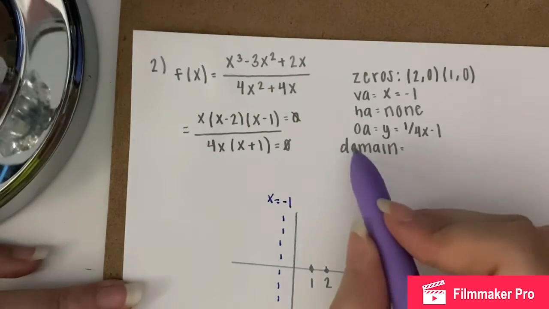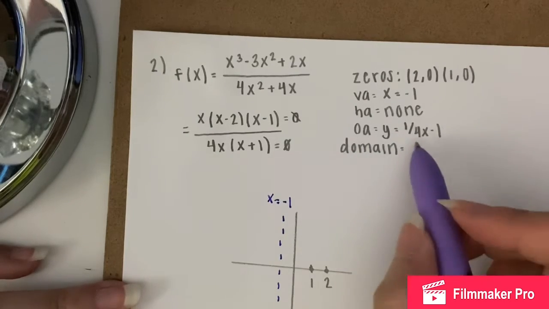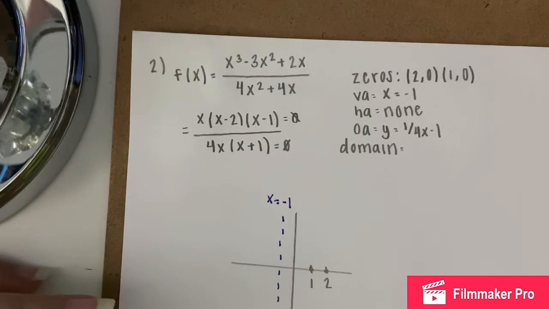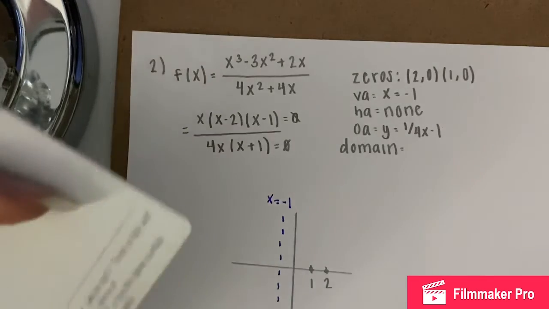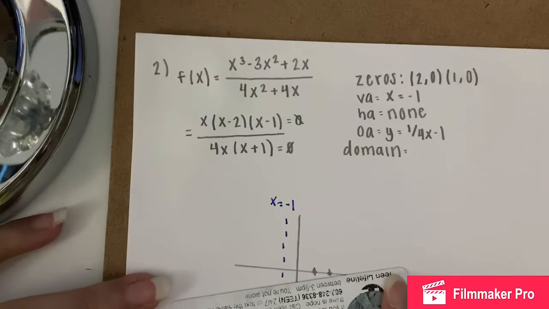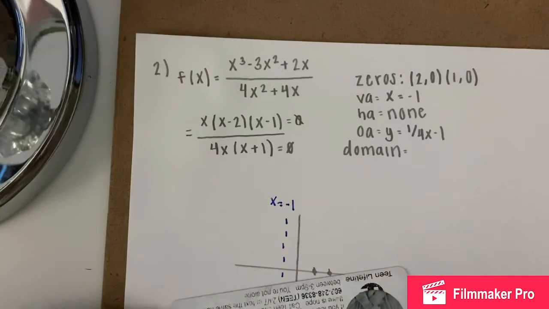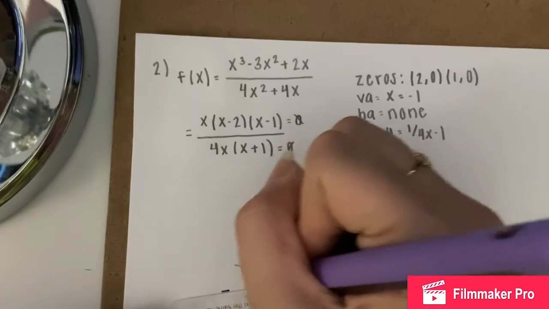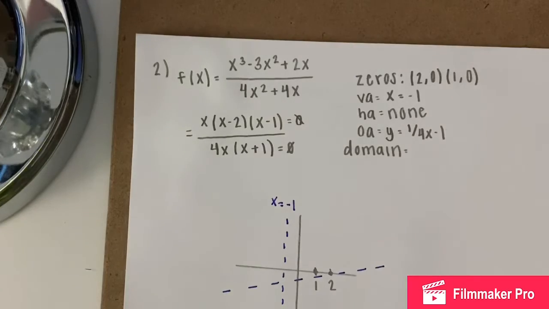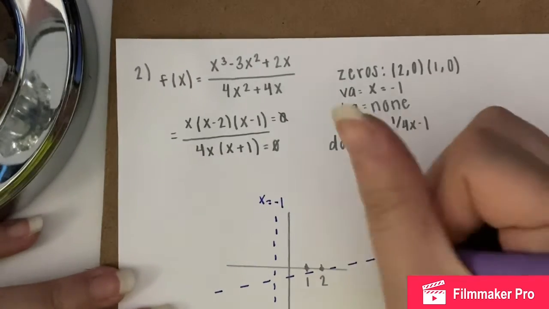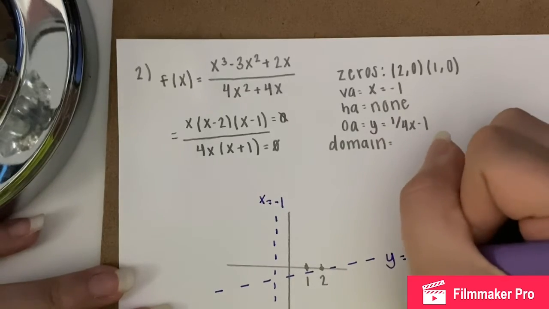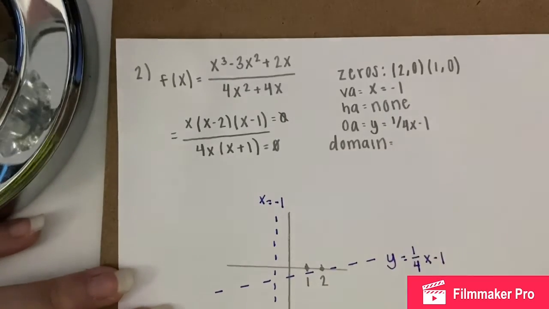And we know we have an oblique asymptote at 1/4 x minus 1. So this is just going to look something like this. It drops down a little bit. And it should be somewhere around here. Like that. And then we're going to label this, and this is y equals 1/4 x minus 1.